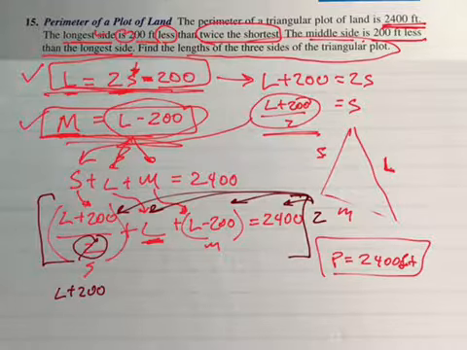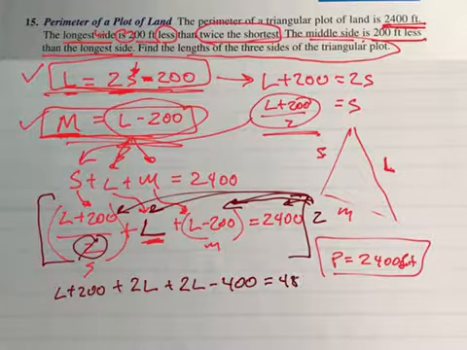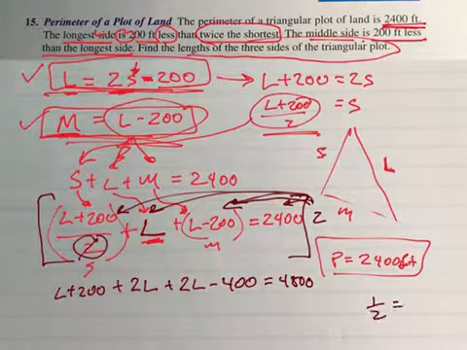That 2 is going to multiply by this L, and you're going to get plus 2L. It's going to multiply into here, and you're going to get plus 2L minus 400. I'm just distributing, and this is going to be 4,800. I basically just doubled everything in my equation. It's kind of like taking 1/2 and saying it's equal to 2/4. I just doubled everything, trying to get rid of the fractions. That's all. I just made it easier to deal with.